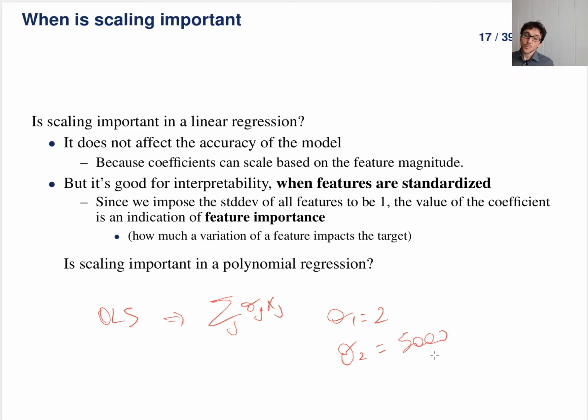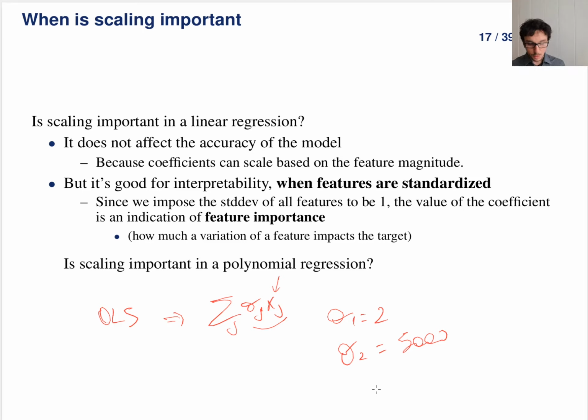Now, if we scaled our dataset before, we are sure that all the x are in the same scale. And so the contribution of the second feature is way higher than the contribution of the first feature. In other words, we are sure that feature 2 is more important than feature 1.